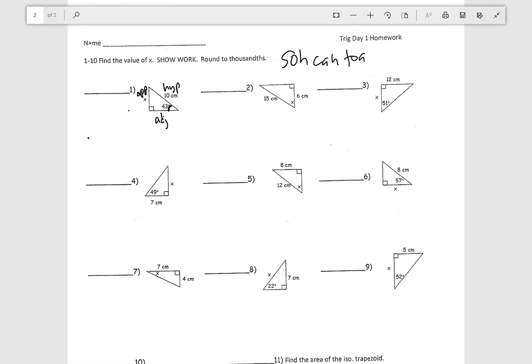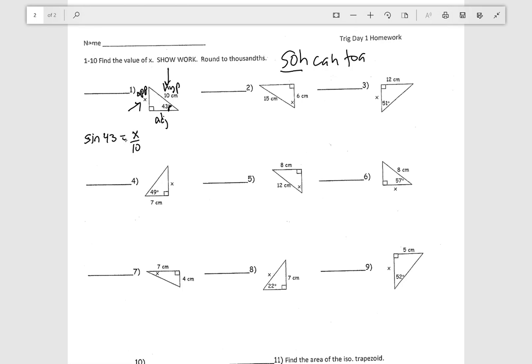I want to include the opposite side because that's the side I'm trying to solve for. And I want to include the hypotenuse because it's a known piece of information. So I need the one that does the opposite and the hypotenuse, so that's sine. So sine of 43 degrees would equal opposite over hypotenuse, x over 10.